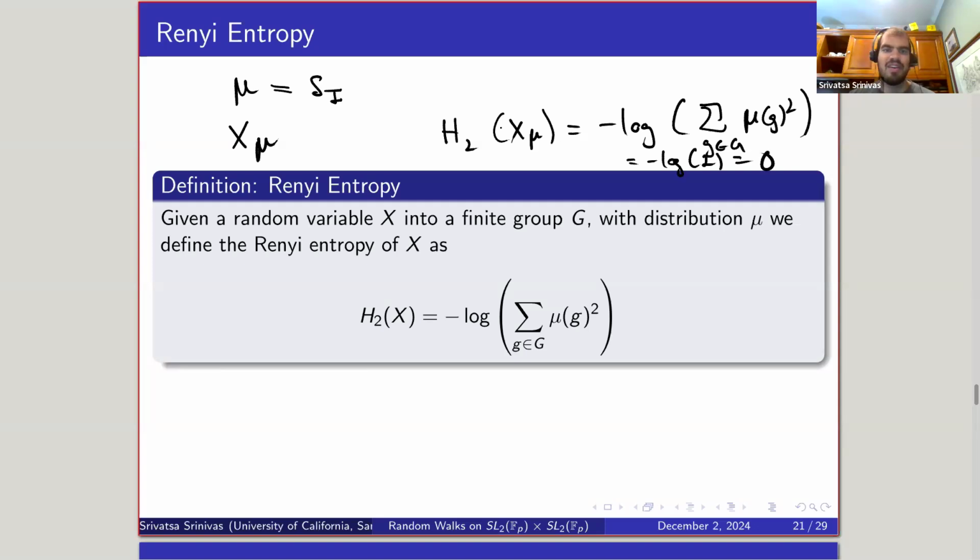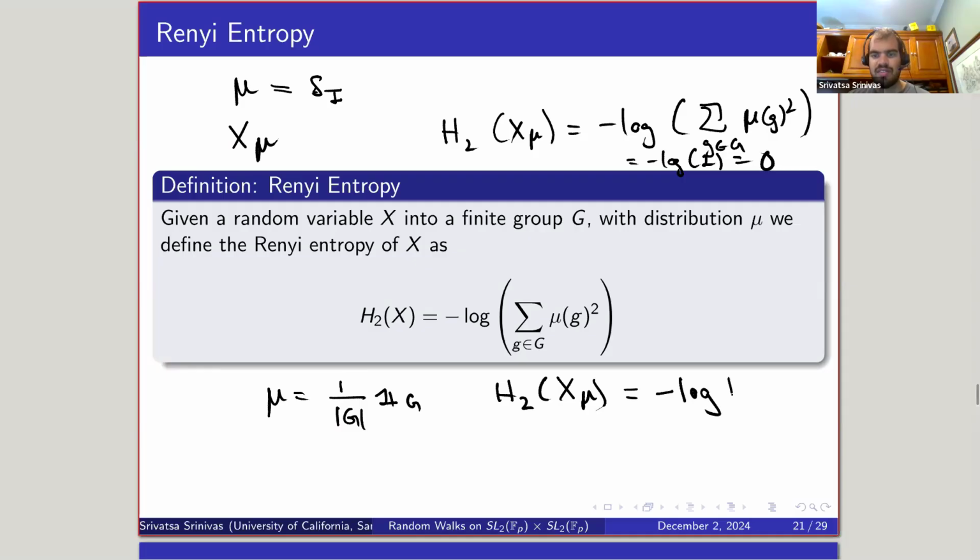So the entropy of something that is supported on one element is actually 0. And as you can guess, if mu is 1 over the size of the group and is a constant, then the Rényi entropy of the random variable corresponding to the uniform distribution is going to be log the size of the group. Okay, so the Rényi entropy behaves like any entropy you would imagine, where the further spread out your probability measure is, the larger it gets. Sorry, this should be a plus log G.